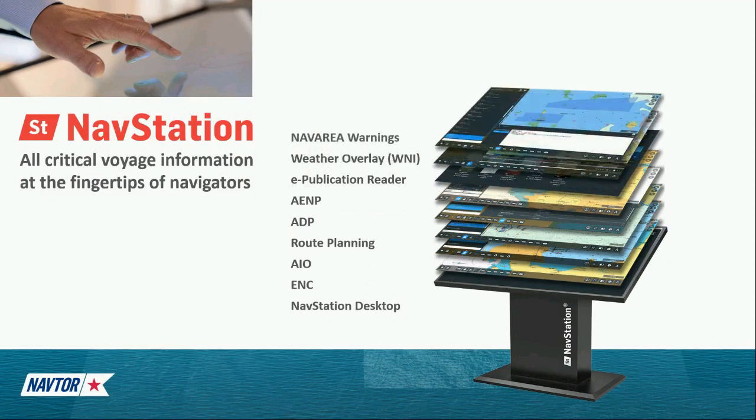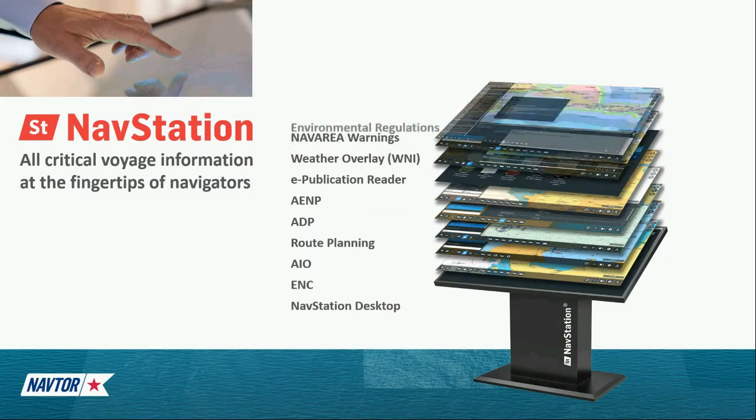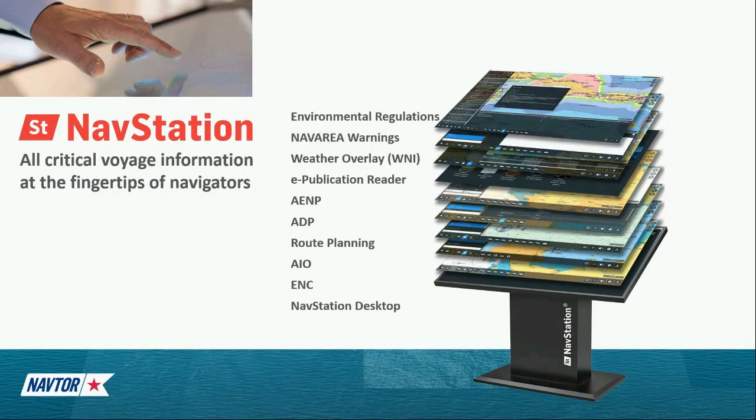Navarro Warnings, which will be demonstrated today, are another layer which are displayed and able to be interrogated. A new product is environmental regulations. This will come in a later webinar, and it's looking at making sure that vessels stay within regulations, and it's an information tool about regulations globally.